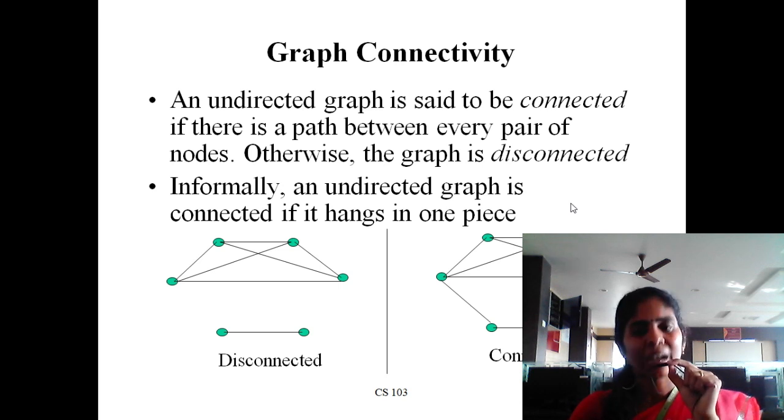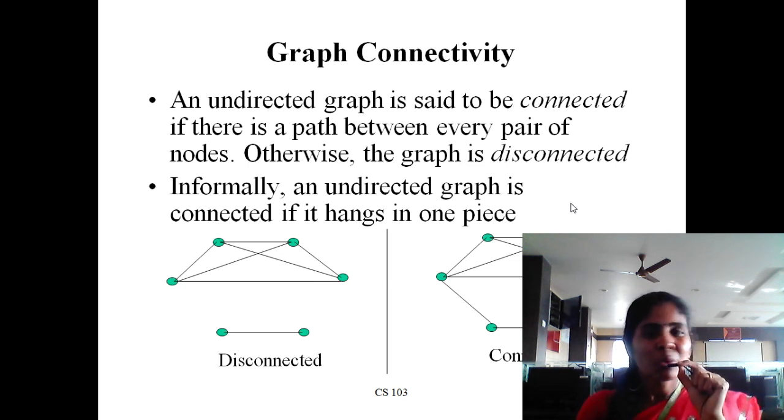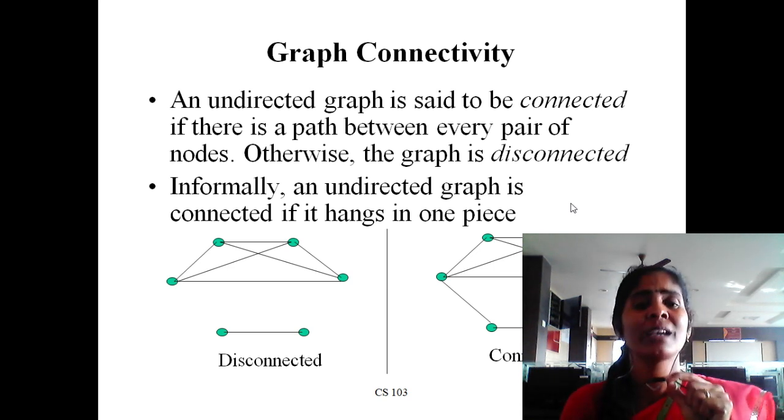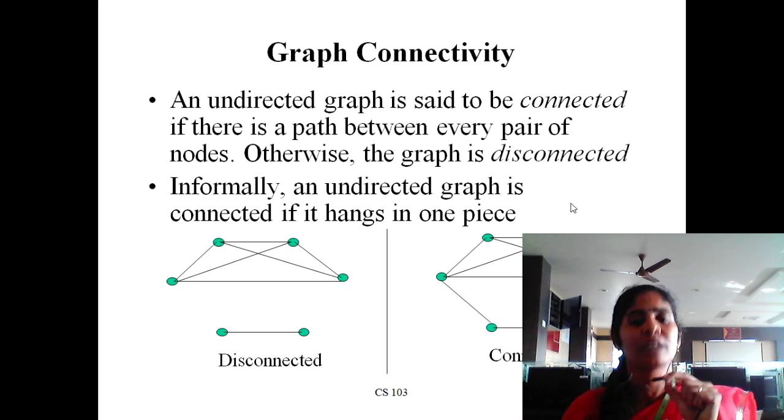Based on the graph connectivity, we classify whether the graph is connected or disconnected. Graph connectivity is mainly discussed for undirected graphs. If every pair of nodes in the graph is connected, the graph is said to be connected.